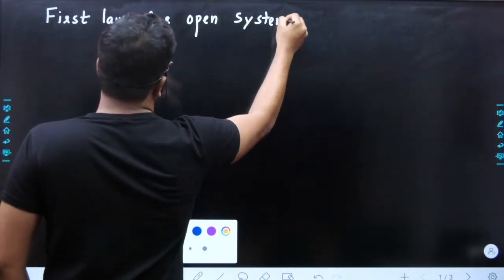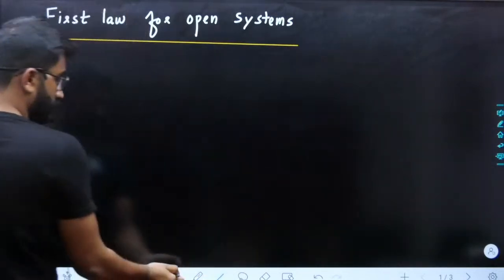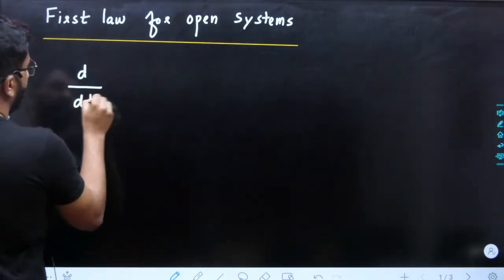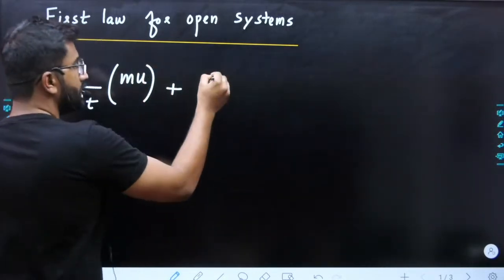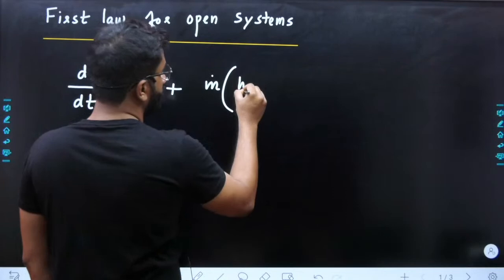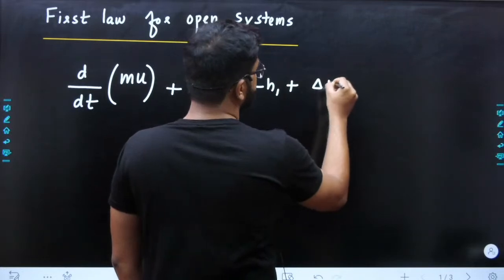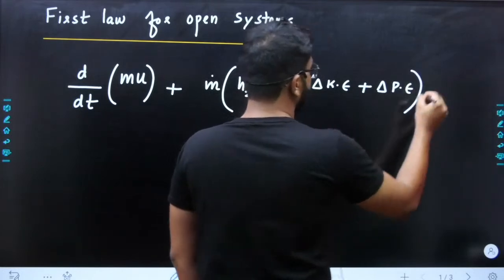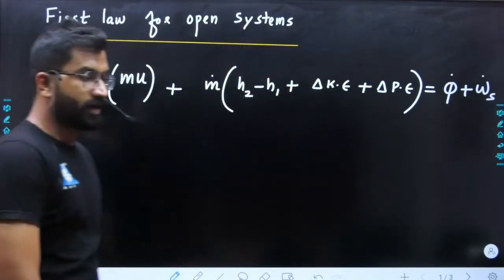So we have d by dt of mass into internal energy of the control volume plus outlet minus inlet, I am writing it like this, m dot into h2 minus h1, this is the enthalpy change, plus change in kinetic energy plus change in potential energy is equal to heat transfer rate plus shaft work.